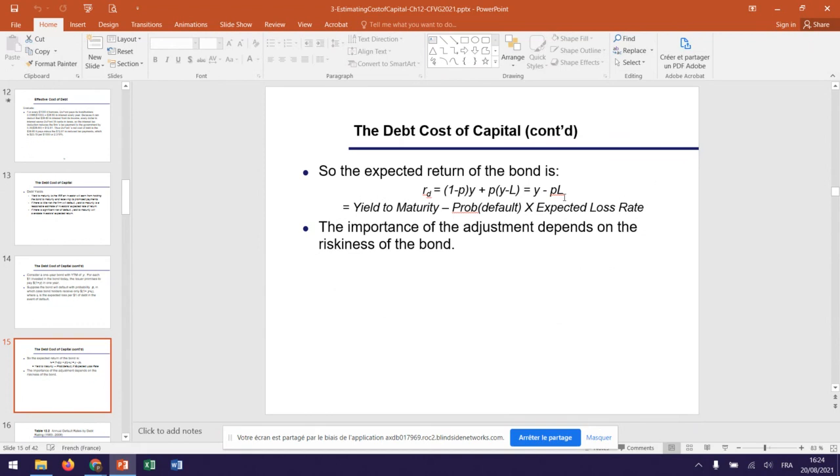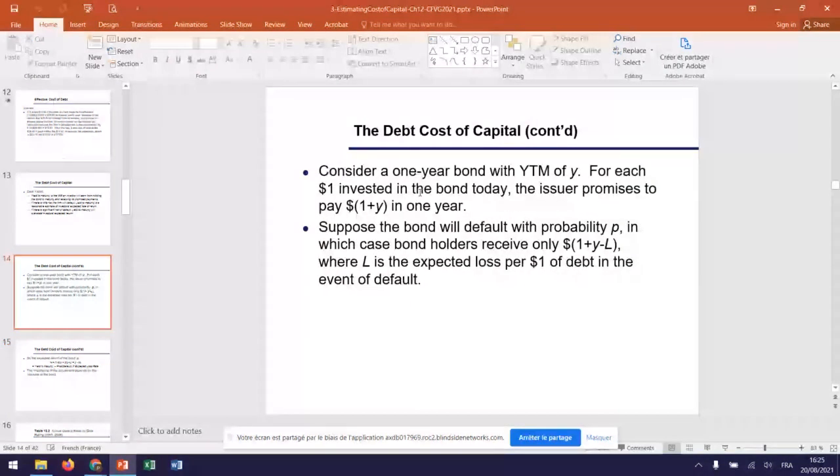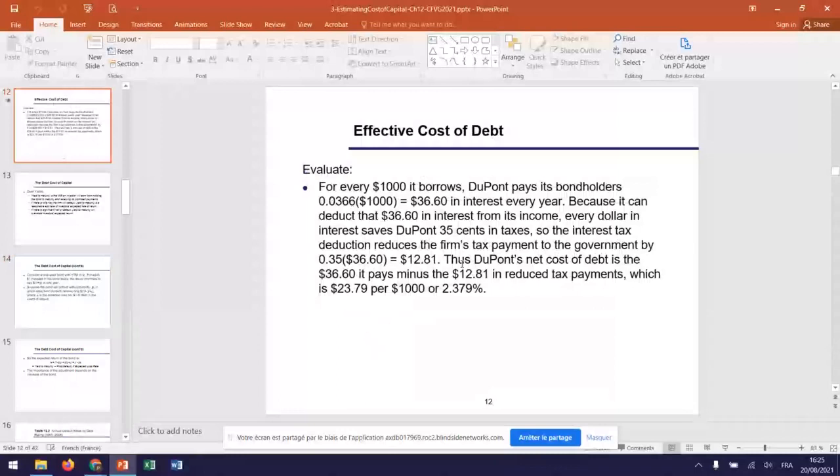And you can see that if the probability is close to 0, for example, an AAA bond, a bond that is less likely to default, you can use the Y to estimate the cost of debt, as I explained.